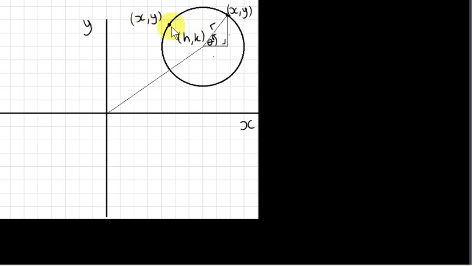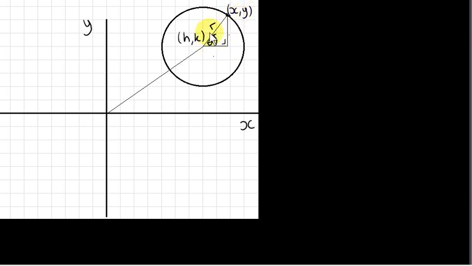If (x, y) is here, then theta is going to be an obtuse angle, that is an angle between 90 and 180 degrees. Or if, say, (x, y) is here, then theta is a reflex angle, an angle between 180 and 270 degrees. So everything I will say will hold for those situations. It's just convenient to work with this right angle triangle.